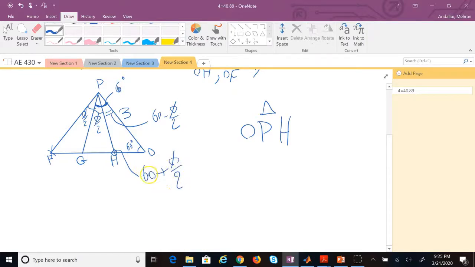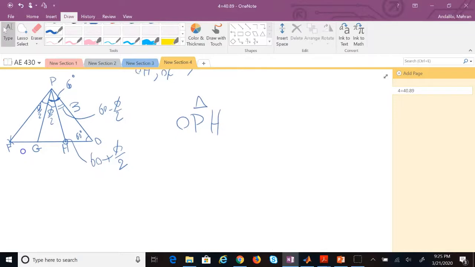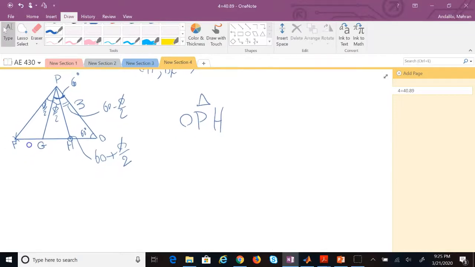Right, so the sum of this one and this guy, which is 60, should be 180, which it is. And I have one side. Can I find the other two sides? Yes, I can. If you know the laws of sine and cosine, those would help us.